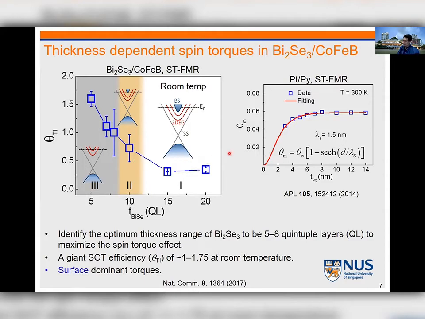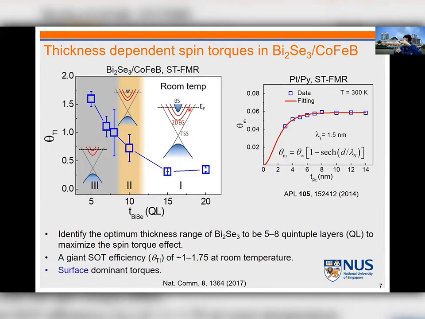This can be explained by a very interesting contribution from different bands. For example, we always have a bulk band. If the film is thick, we also have a two-dimensional electron gas. And the most important thing is the topological surface state, which we want to be dominant. But in the bulk, transport is dominated by the bulk state as well as the other two.